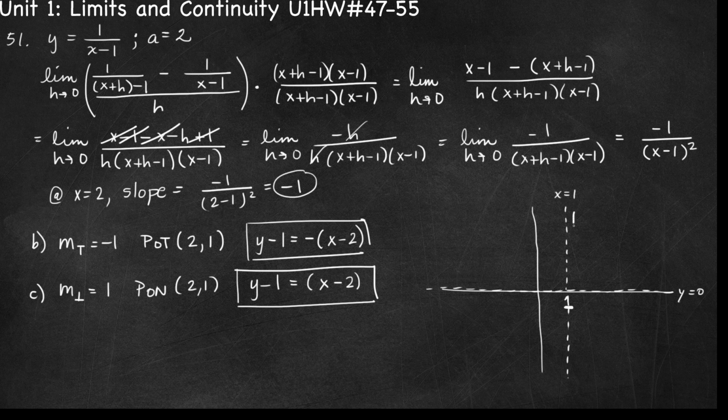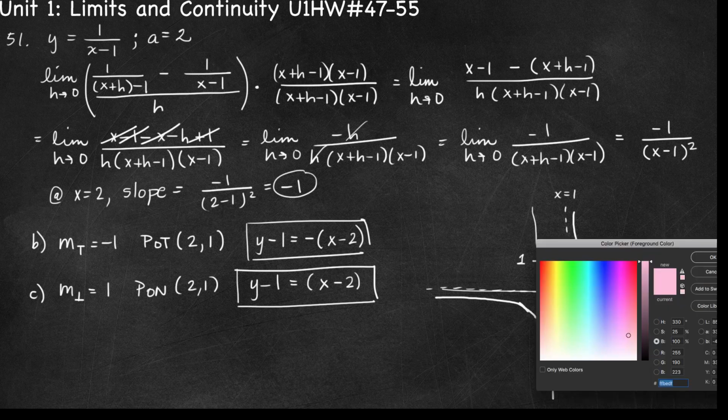And then our graph looks something like this. And let's see, y-intercept is at negative 1. So we're coming in something like this. Our point of tangency is the point 2 comma 1. So we'll call that 2 comma 1 right here.